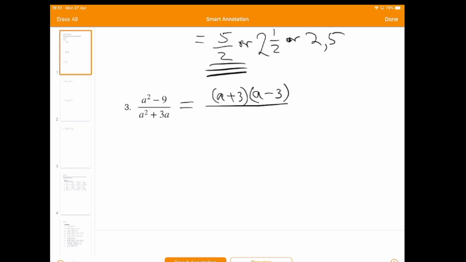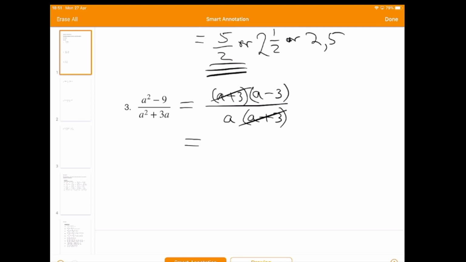And then the denominator also should be factorized. In this case, a is the common factor, so a goes outside the bracket. Then divide everything by a to get the other factor, and that will give us a plus 3. Right. Now I can see a plus 3 there and another a plus 3 there, which cancel out.